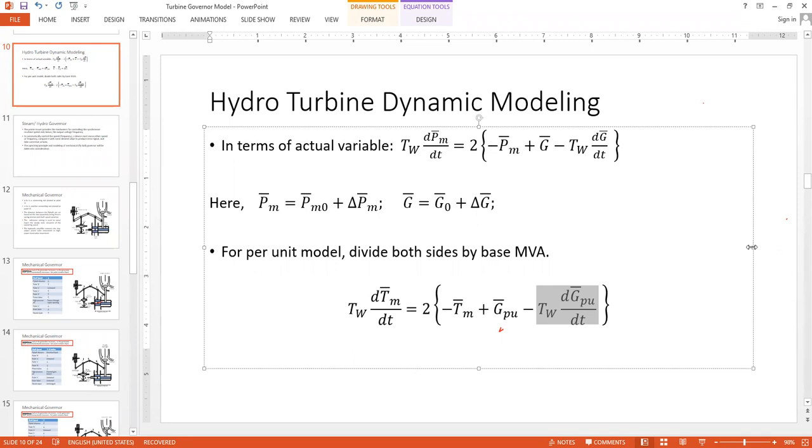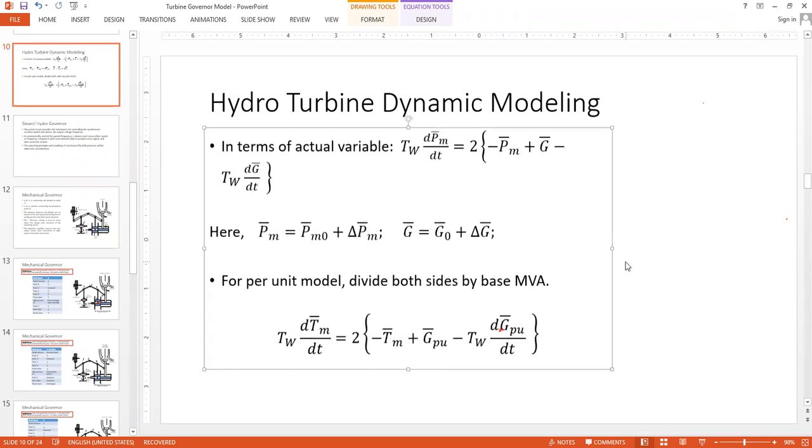So in our state space model, let us write it here. We have one expression like d delta by dt. This is our first expression. D omega by dt. This is the second expression. D del eq prime by dt, of course there is a delta because this is in incremental form. That is the internal q-axis internal voltage.